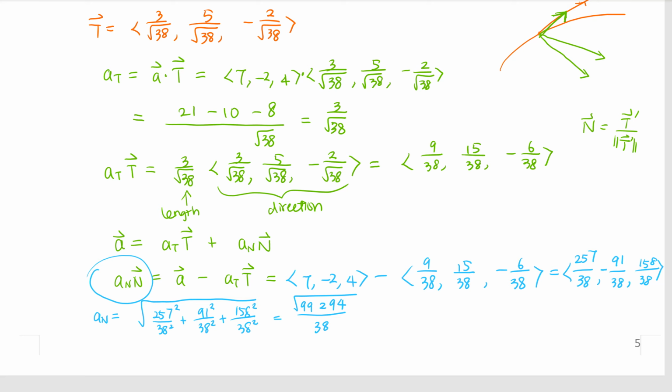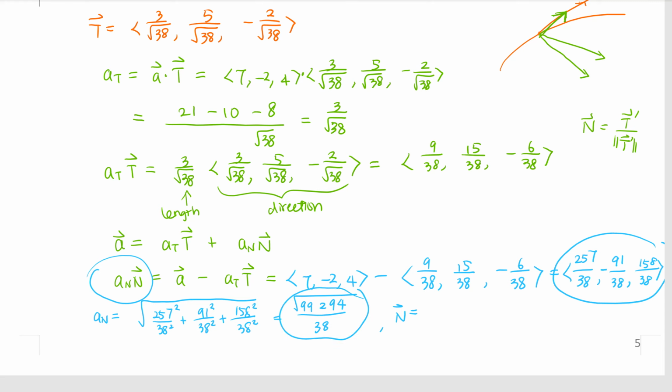I really hope that when we go over the problems, you can also try those problems first before we go over them. Good. Then what is n? Well, n is this vector divided by this length. What does that mean?